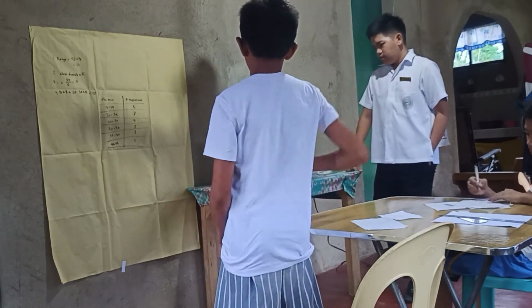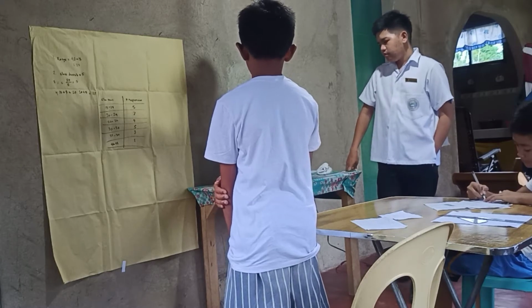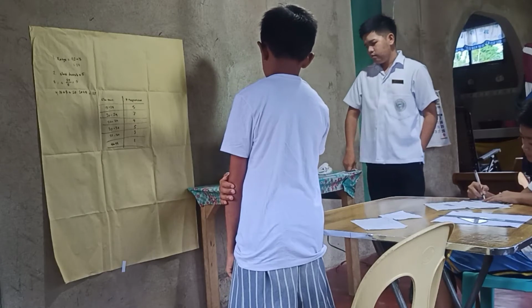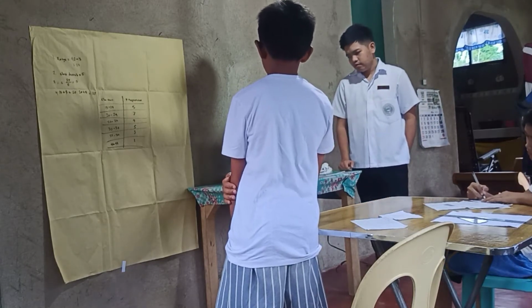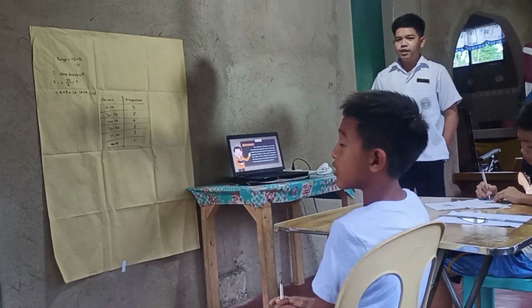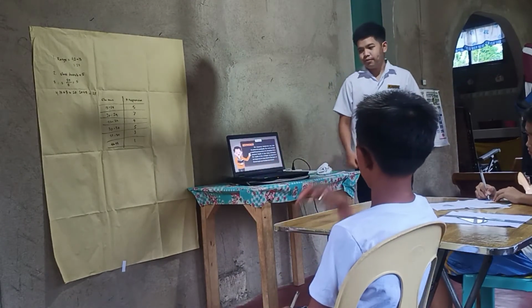The height of the rectangle corresponds to the frequency per class interval. The bases of the rectangles are the class boundaries. Okay, thank you. So histogram is another way of presenting the frequency distribution table.